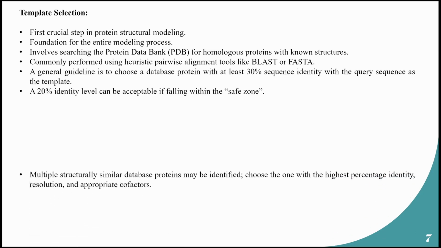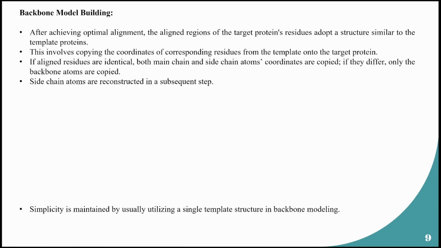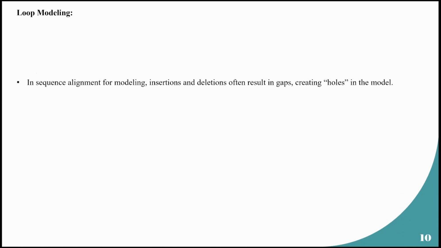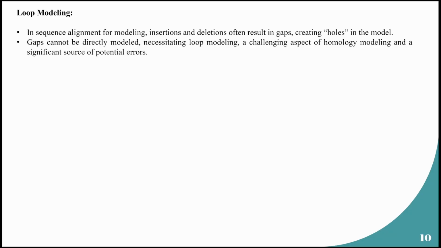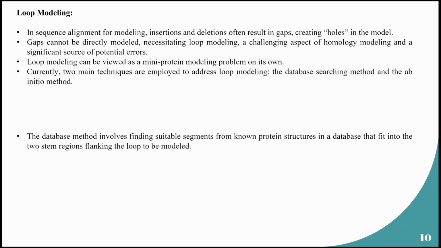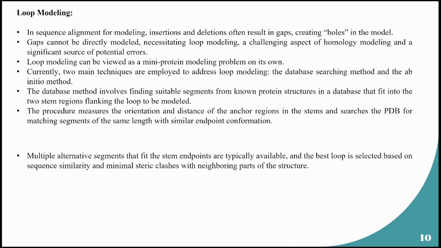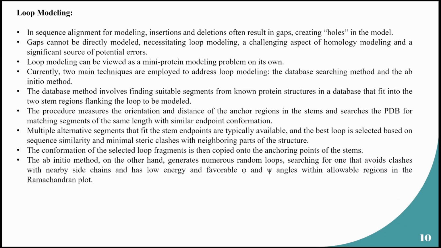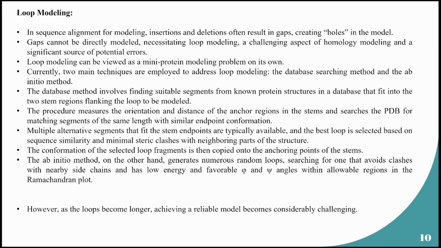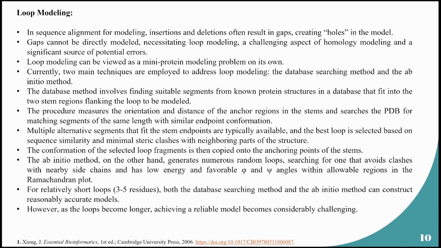Otherwise, for building your alignments, you can also take into account the different rotamer libraries, which will be important for sidechain building and modification calculation in this case. And then for the loop modeling, which we went over, it can be done via database searching as well as in ab initio method.